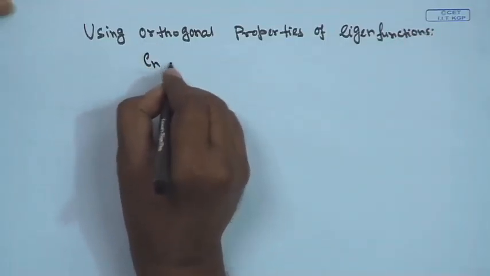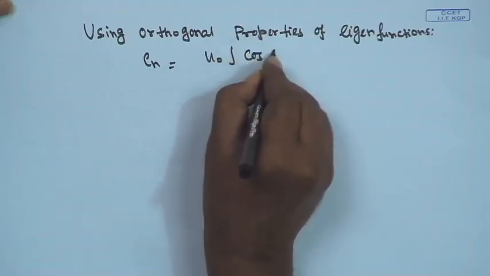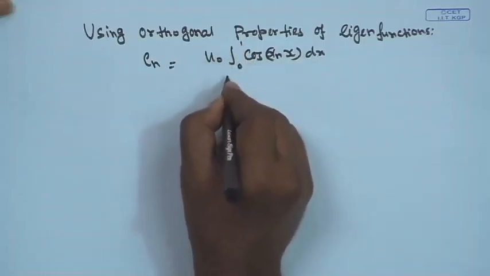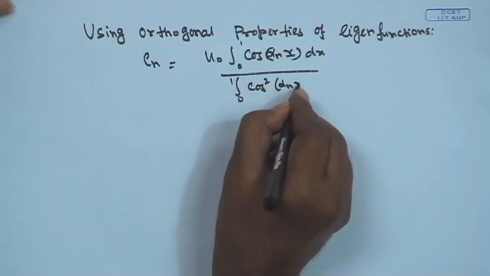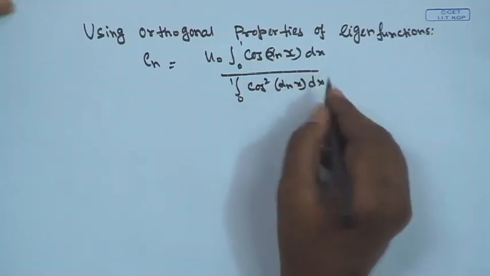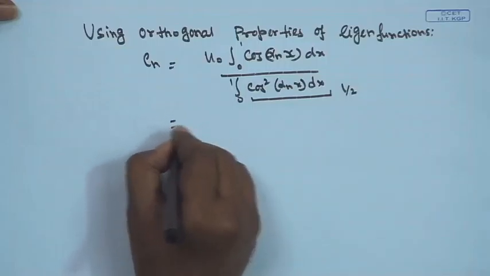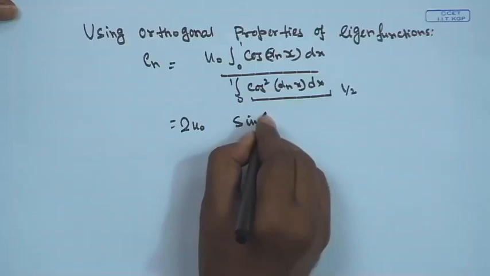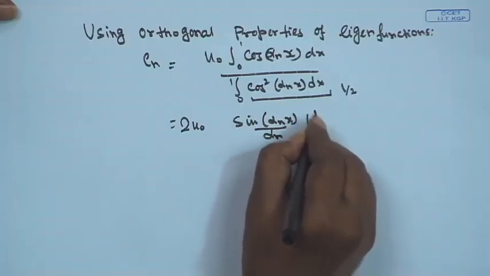we can evaluate C n as u0 integral cosine alpha n x dx from 0 to 1, divided by integral 0 to 1 cos square alpha n x dx, and if we really do this, this will turn out to be half. So, this becomes 2 u naught, this will be sine alpha n x divided by alpha n from 0 to 1.